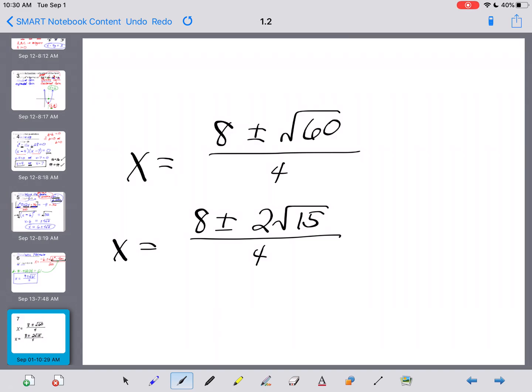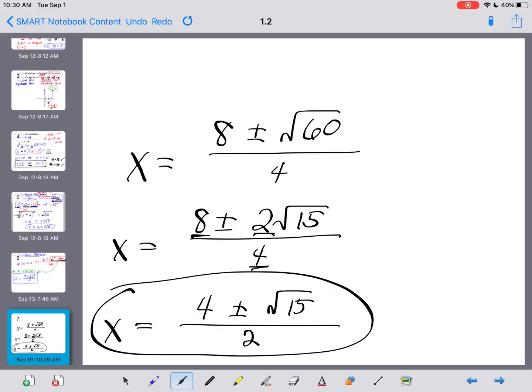And now what we see is that there are 1, 2, 3 terms in this expression that all have a common factor of 2, and we would need to divide that out. So dividing everything by 2 here, this would now become 4 plus or minus the square root of 15 all over 2. That's as good as that expression would get.